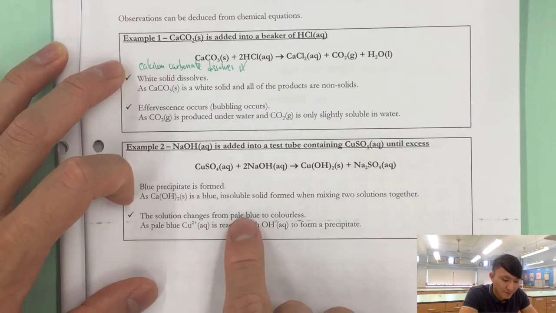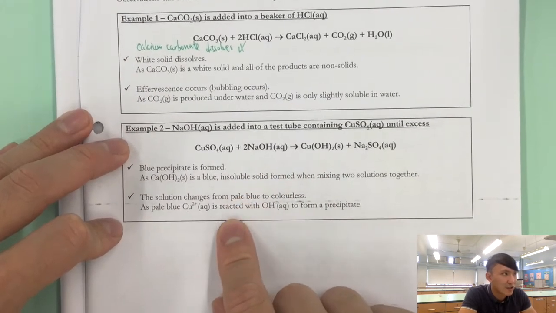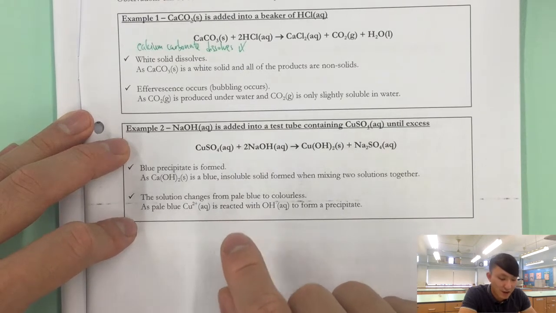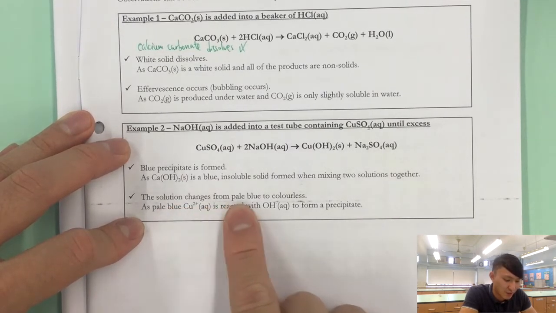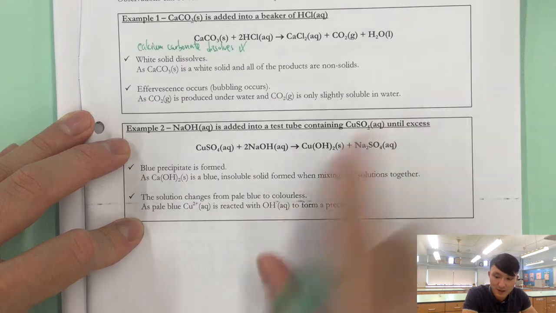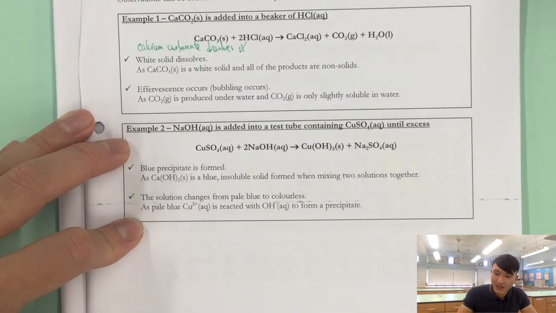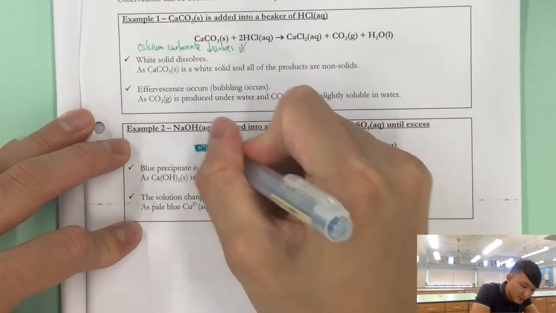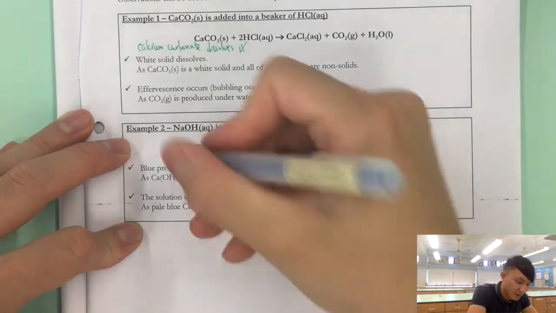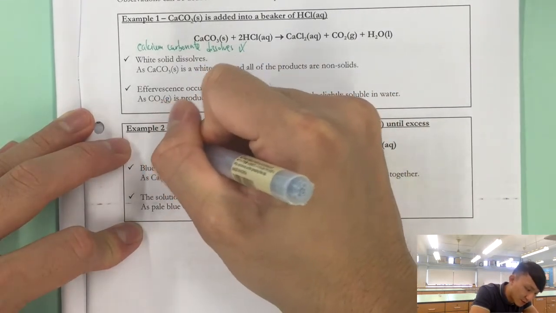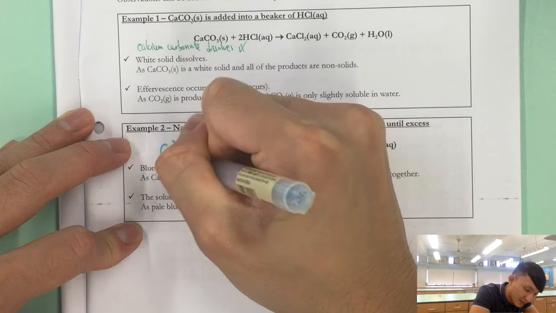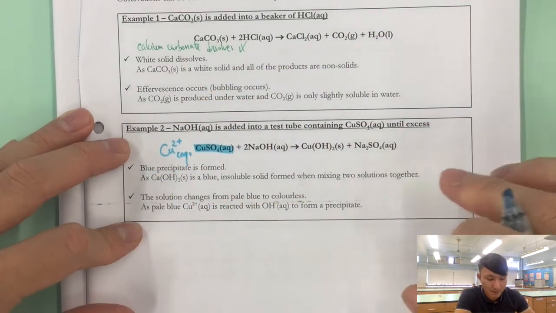Now, the second observation may be difficult to tell. Here, the solution changes from pale blue to colorless. If you notice, copper(II) sulfate is actually blue in color because it contains Cu2+(aq), and Cu2+(aq) is blue in color.